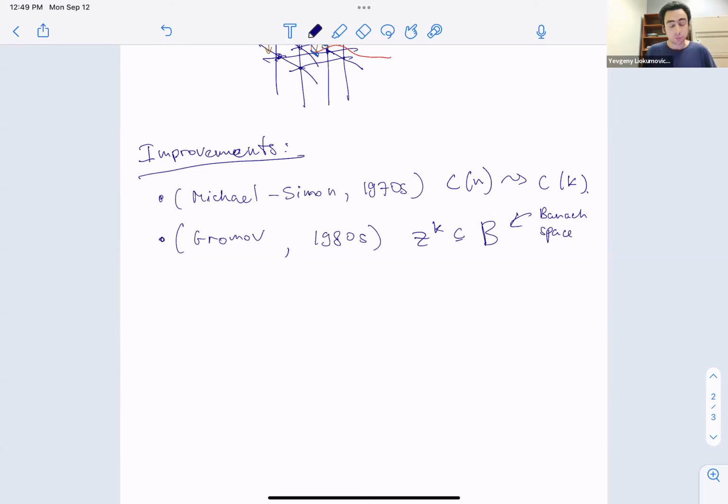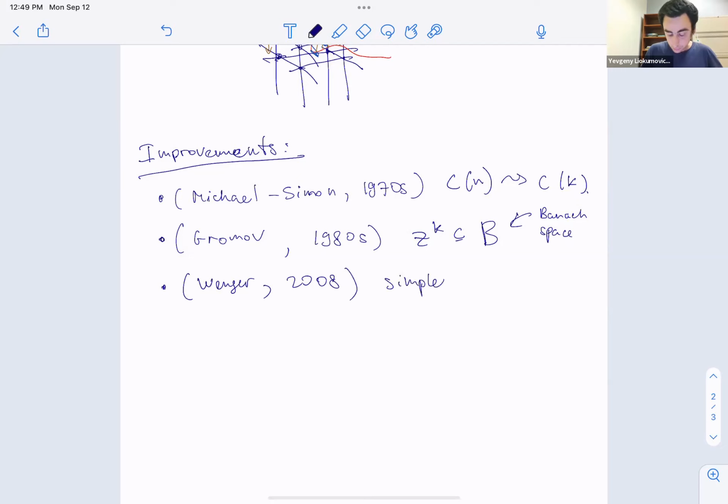You can find a k+1 dimensional chain whose Hausdorff measure will be controlled in terms of the Hausdorff measure of chain Z. And then this result of Gromov was later proved in a different, simpler way by Stefan Wenger.